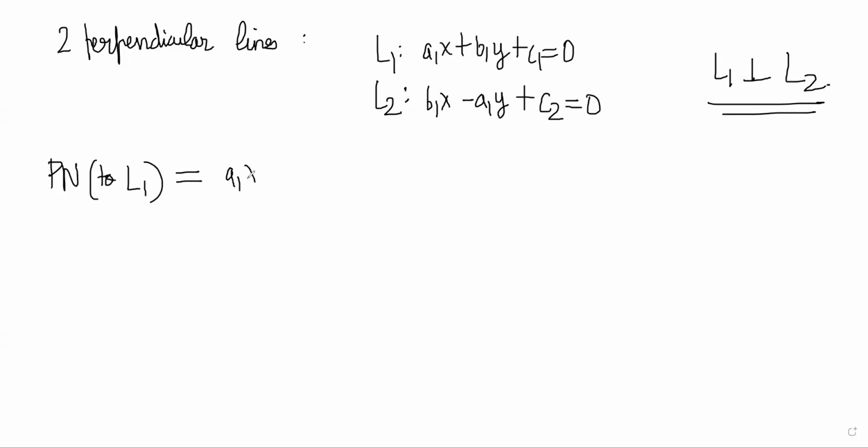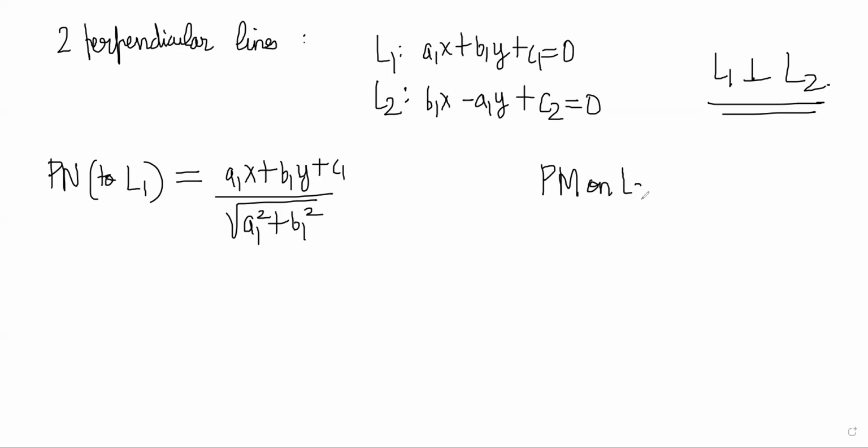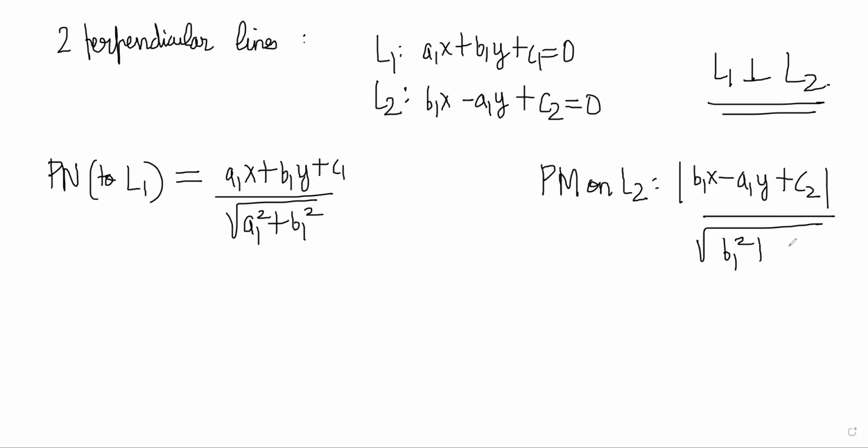That would be mod of a1x plus b1y plus c1 by root over a1 square plus b1 square. And similarly, PM is the perpendicular on L2, and that is mod of b1x minus a1y plus c2 by root over b1 square plus a1 square, right?